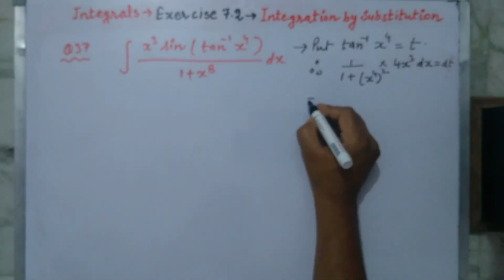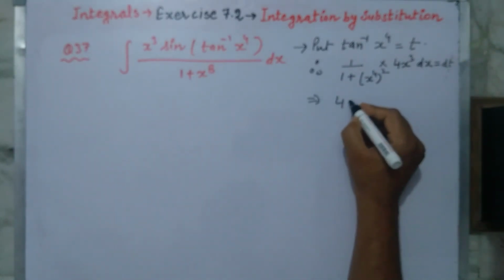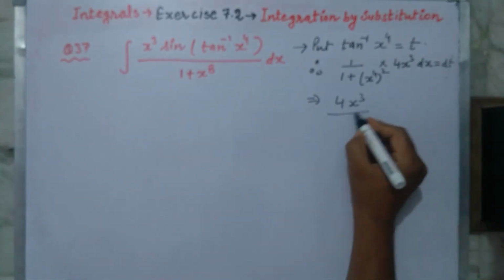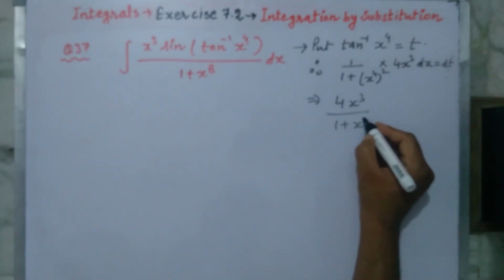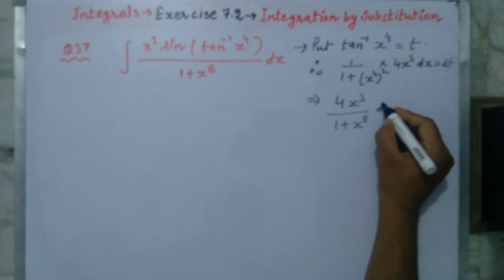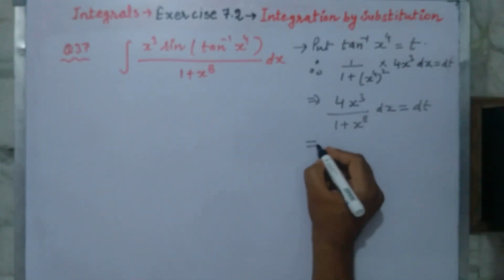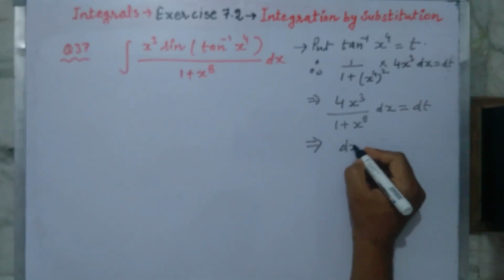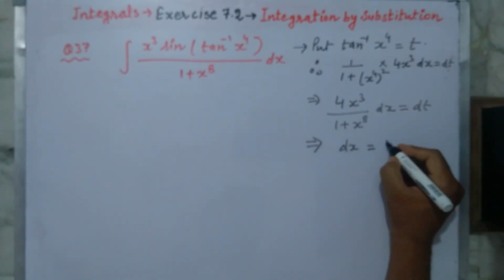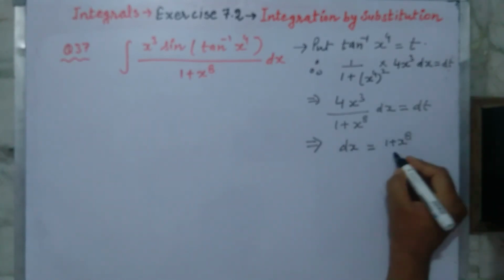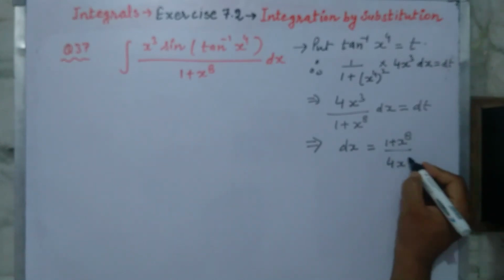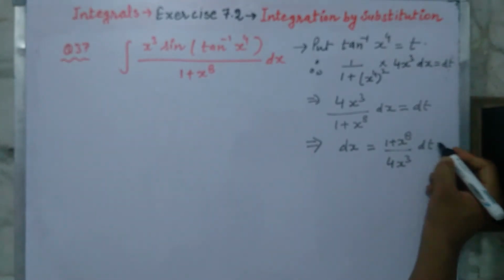So 4x power 3 upon 1 plus x power 8 dx is equal to dt. So now dx is equal to 1 plus x power 8 upon 4x power 3 dt.